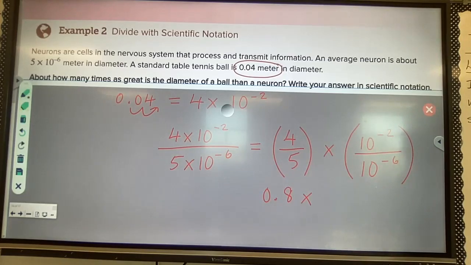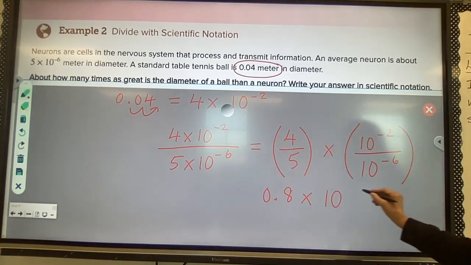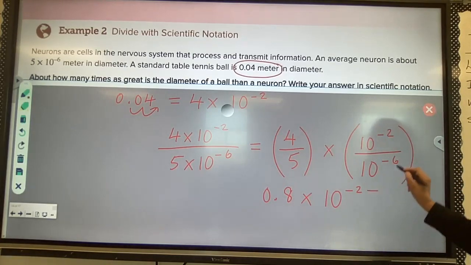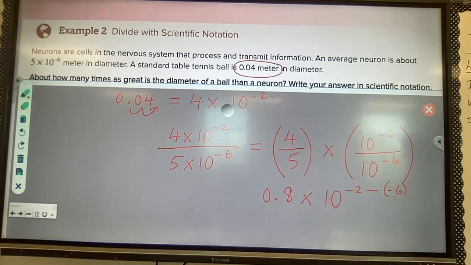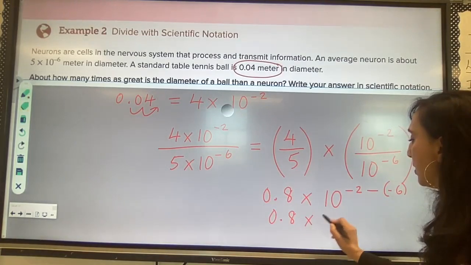Okay, so now let's look. I'm going to use the quotient of powers property. Quotient of powers property tells me that if I have this, I am going to subtract this one that's coming up, and this becomes minus 6. Okay, so now I have 8/10 times 10.